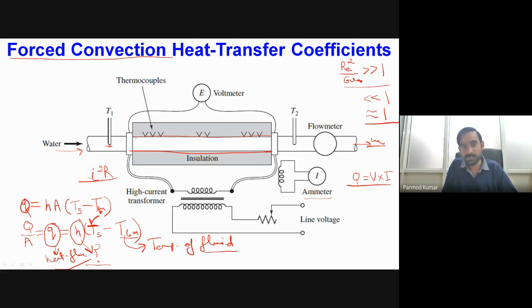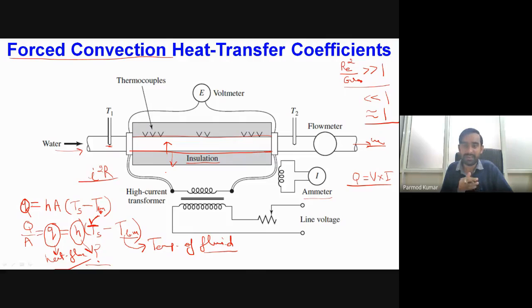On the periphery of the pipe surface we have insulation, which prevents heat transfer in the radial outward direction. Rather, it concentrates the entire heat to flow in the radial inward direction and enter the fluid which is flowing through the pipe.